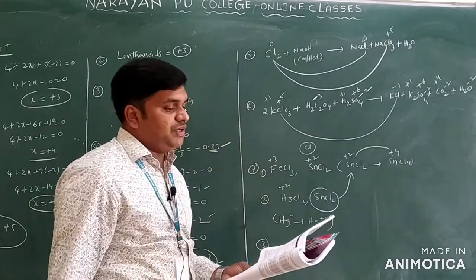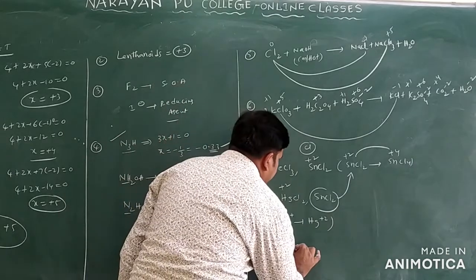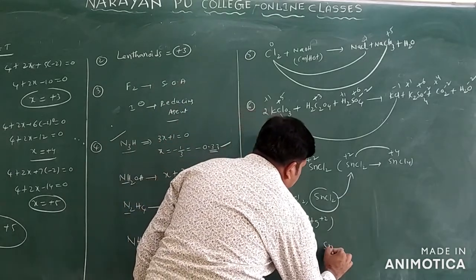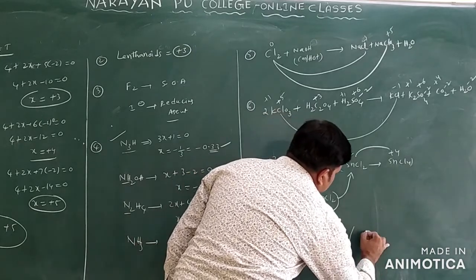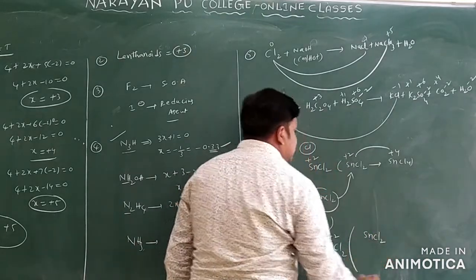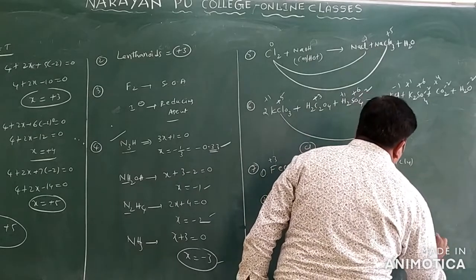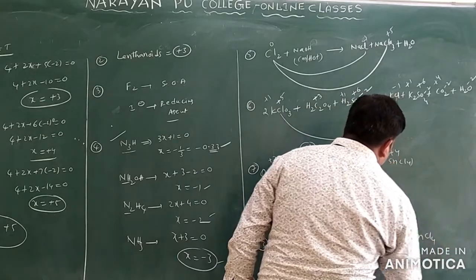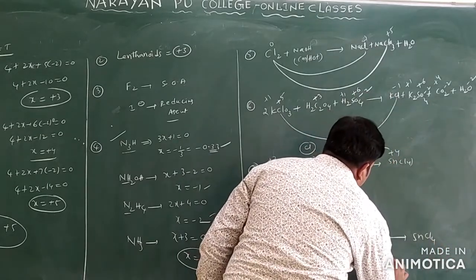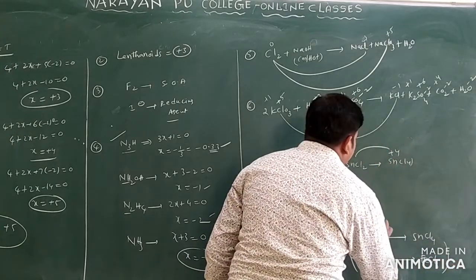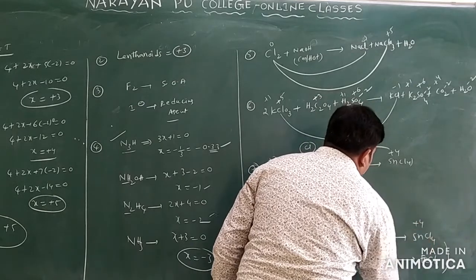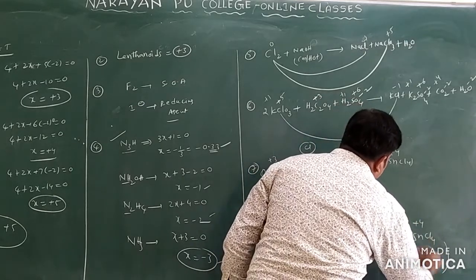Come to option 3, FeCl2 and SnCl2, plus 2 in both. SnCl2 converts into SnCl4, and FeCl2 converts into FeCl3: plus 2 to plus 4, and plus 2 to plus 3.